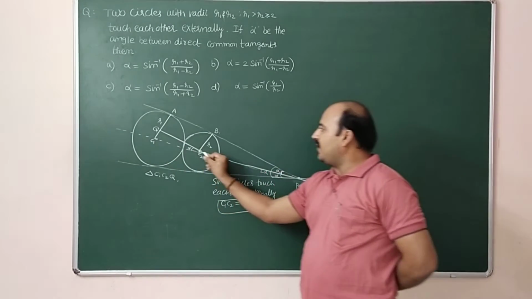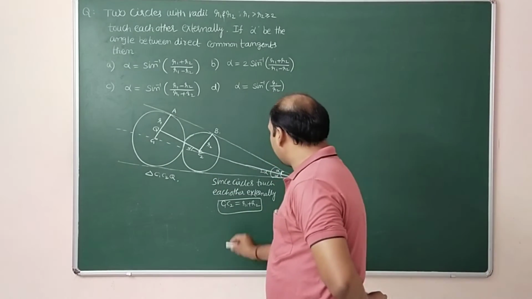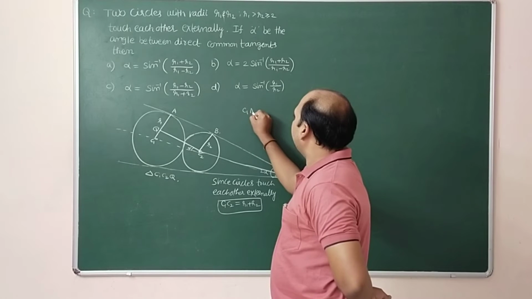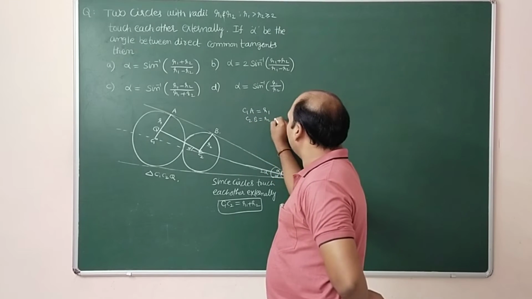So from here to here it should be equal to R1 plus R2. C1A is equal to R1. C2B is equal to R2.